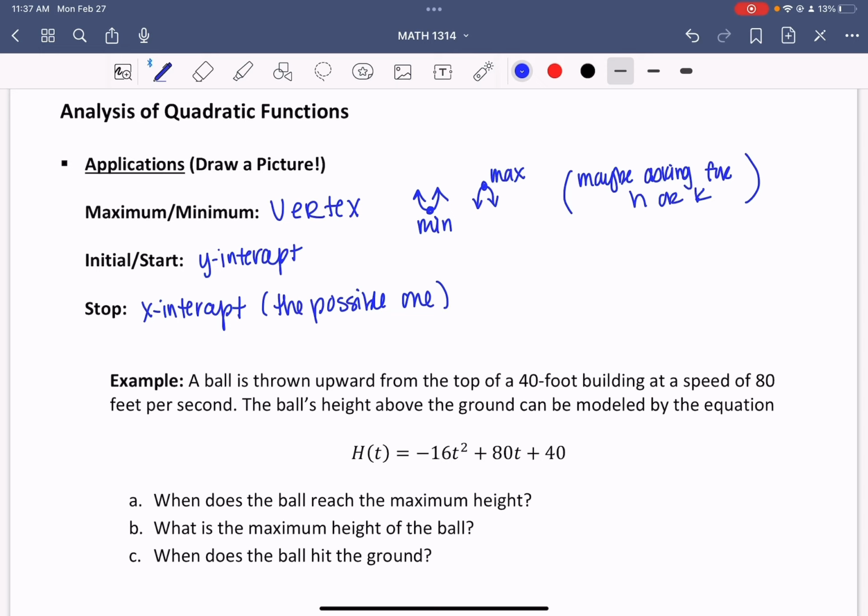We know how to solve for x-intercepts, but we need to make sure we're using one that's applicable to the problem. And a lot of times in these situations, we're going to be looking at the quadratic formula because numbers are not always nice out in the wild like this. Like it's not always just 2s and 3s. So let's just kind of reference that and look to that as we work a couple of examples.